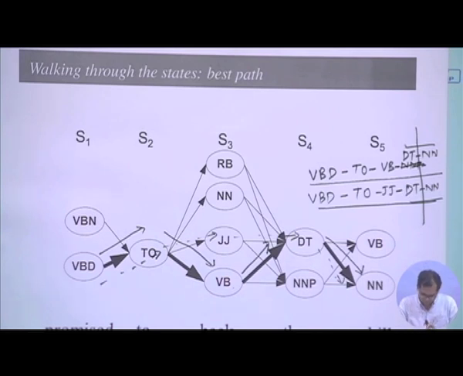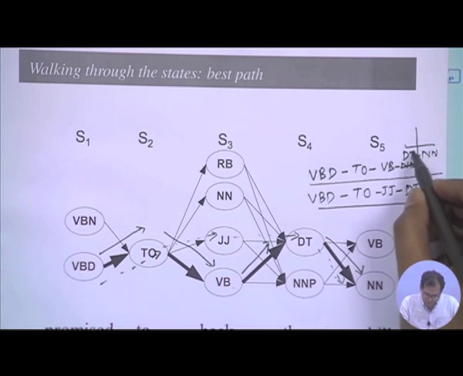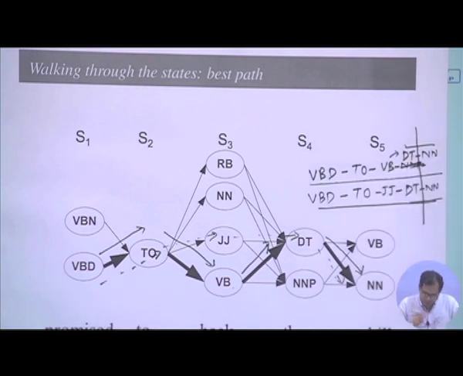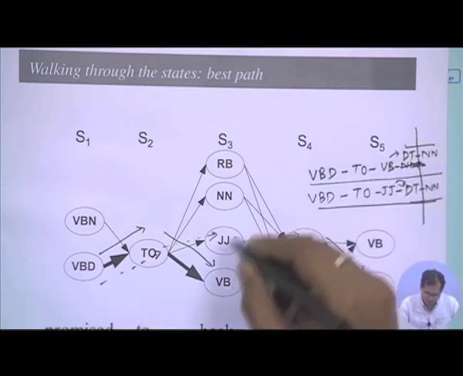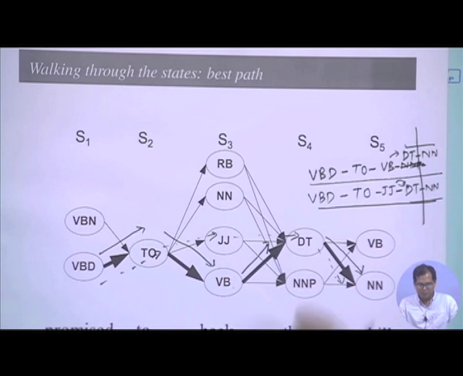But what is more important here? When you arrive at the tag DT, in one case you are coming from VB, in another case you are coming from JJ. So there are two different ways you are coming to DT in these two sequences.